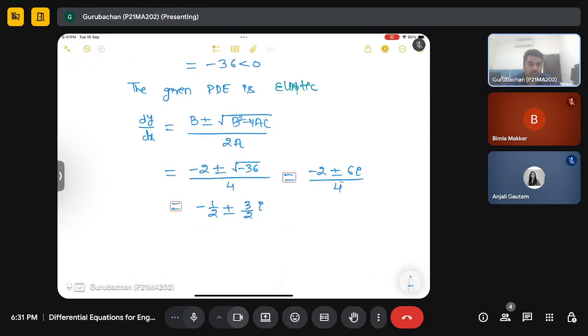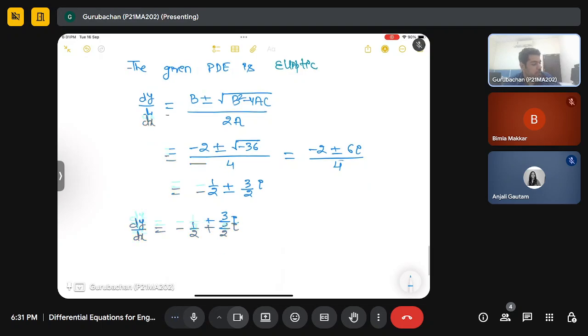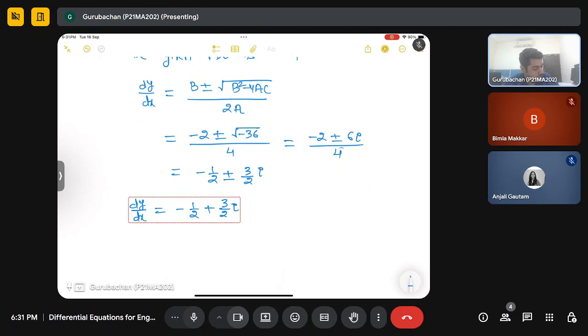From this you can see that once dy by dx will be equal to minus 1 by 2 plus 3 by 2 iota, and if you integrate this, it will be dy equals the integration of minus 1 plus 3 iota divided by 2 dx.